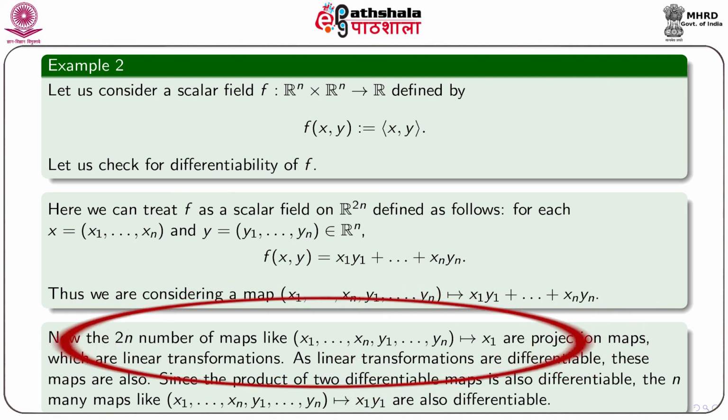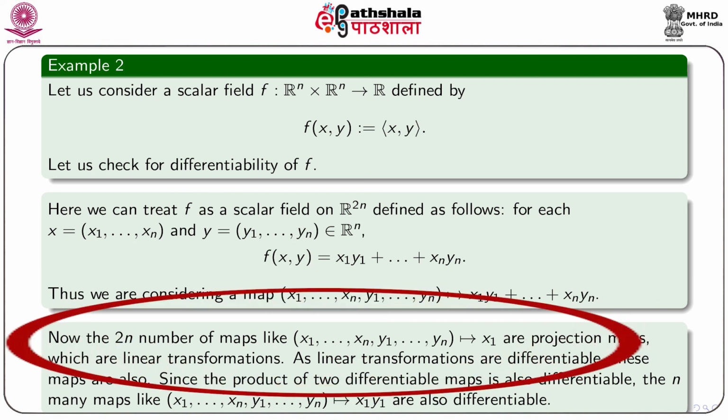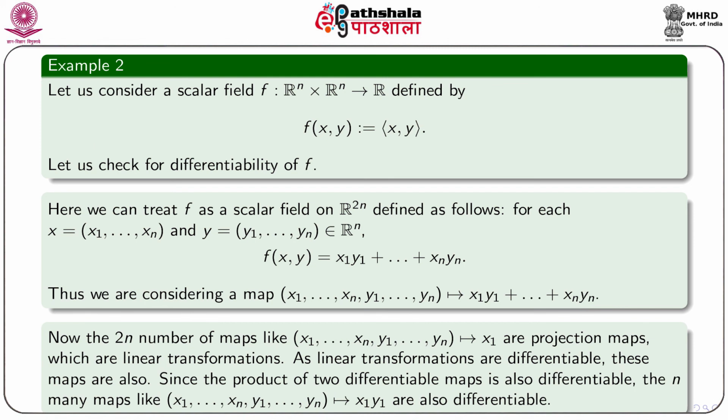Let us consider a map where (x1 to xn, y1 to yn) goes to x1. We have 2n number of similar maps. All these maps are projection maps and we know projection maps are linear transformations. We have earlier seen that linear transformations are differentiable. So, all these maps are differentiable.